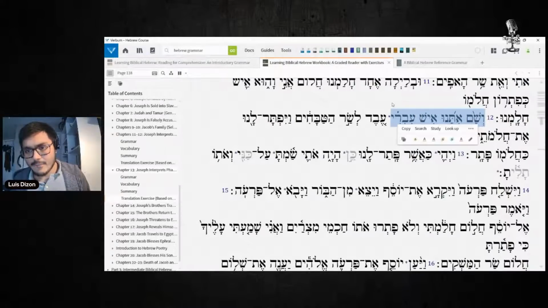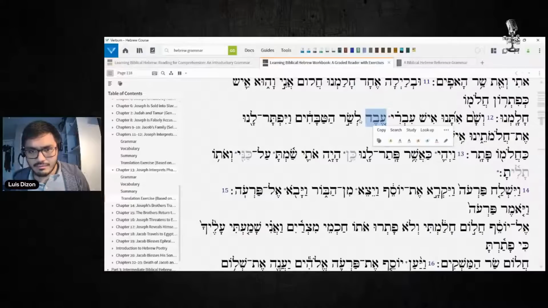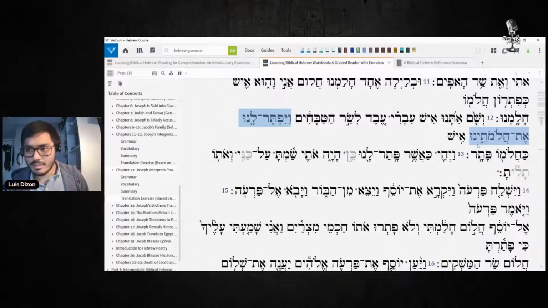So ivri means Hebrew, and then he is an eved, a slave or servant of the chief guard, and he interpreted for us our dream. Each as his dream he interpreted. Hebrew has this way of repeating the same thing in two different ways. So first it will say, he interpreted for us our dreams, and then it says, each as his dream he interpreted.